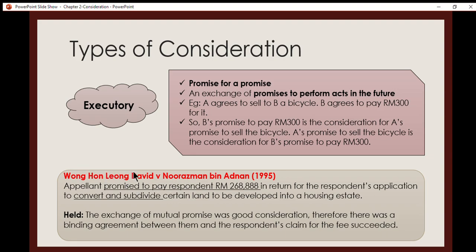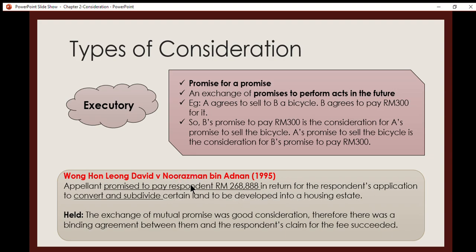Example of a case for executory consideration: Wong Hon Leong, David against Nur Azman bin Adnan, 1995. In this case, the appellant promised to pay the respondent 268,000 ringgit plus, in return for the respondent's application to convert and subdivide certain land to be developed into a housing estate.